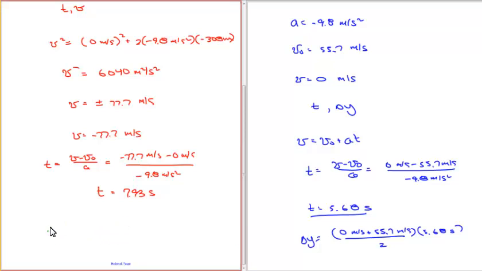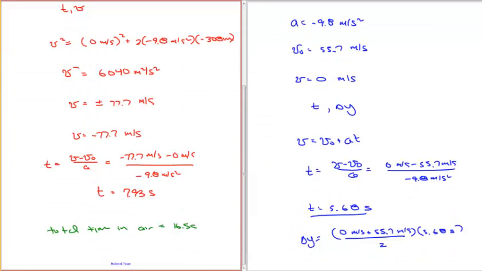So total time in air is going to be 16.5 seconds. Make sure I did that right too. I get 16.4. I get 16.5. That's probably close enough, just a little round-off error.